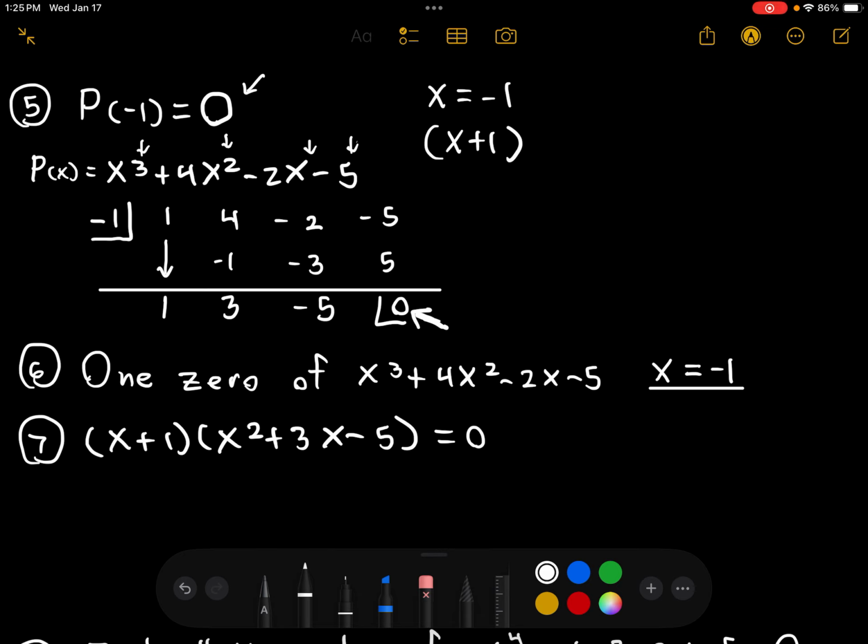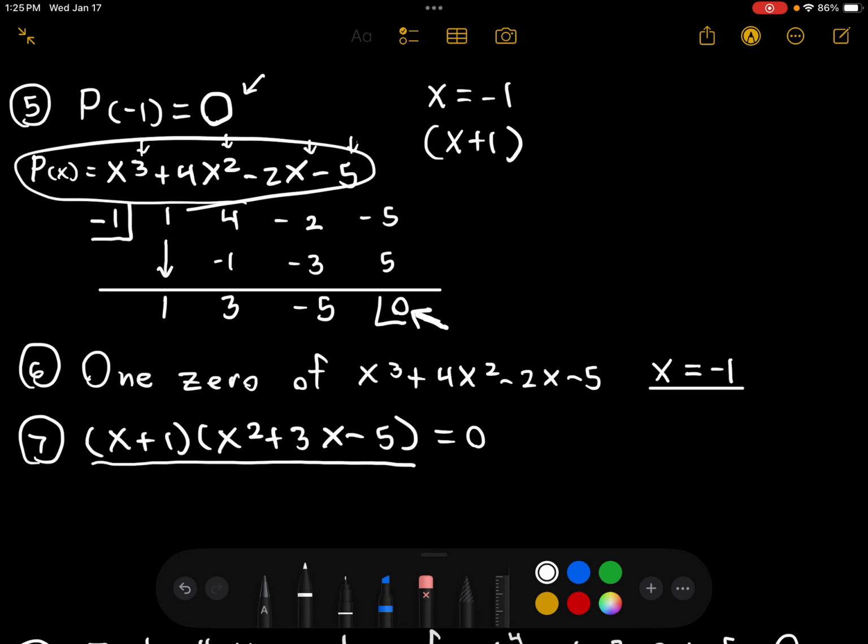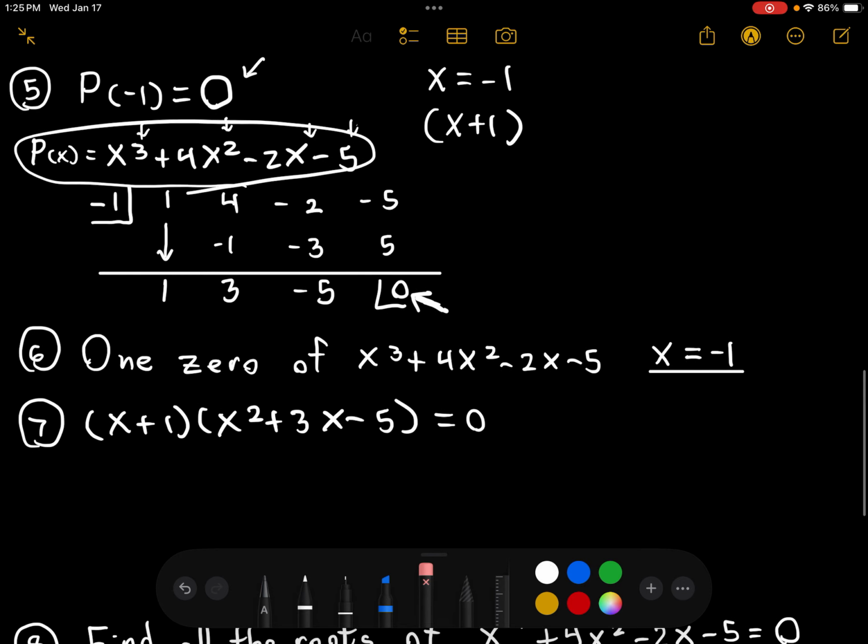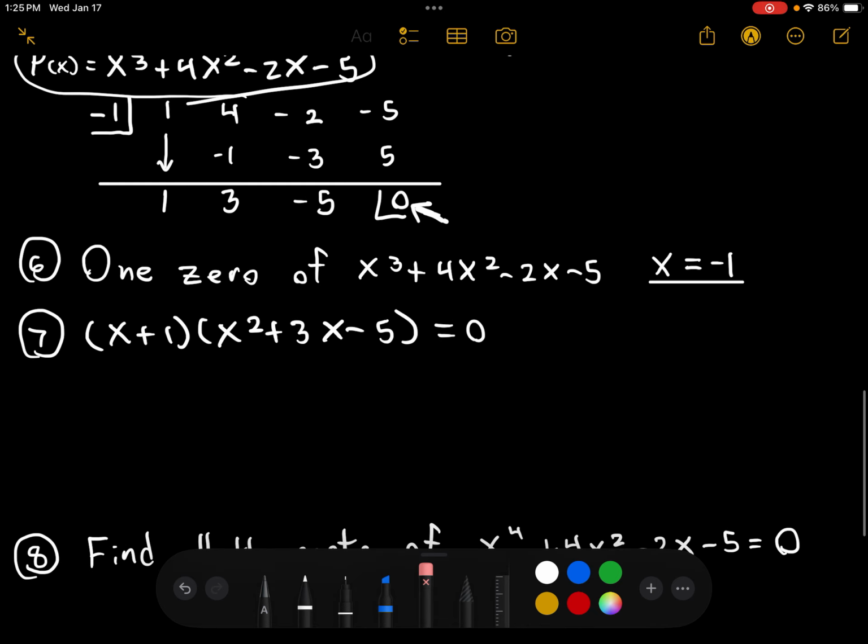All right, so by the remainder theorem, if you were to multiply all of that, I actually get back to p of x, okay? So I already know one of the factors is x plus 1, all right? The other factor is x squared plus 3x minus 5. So this one I can very easily set equal to 0. So this is x is equal to negative 1.